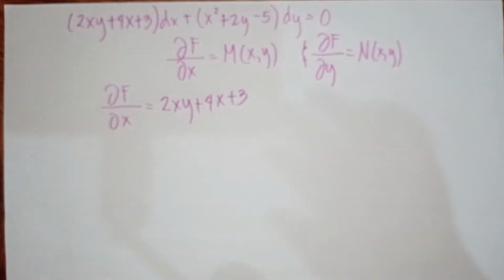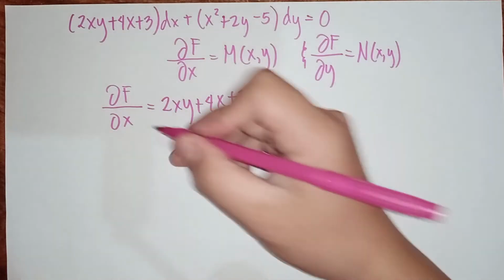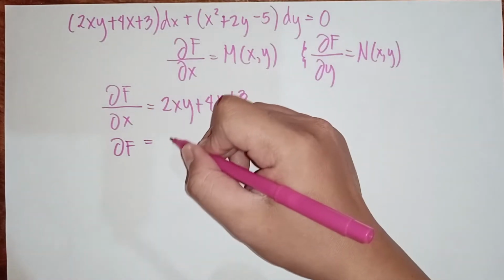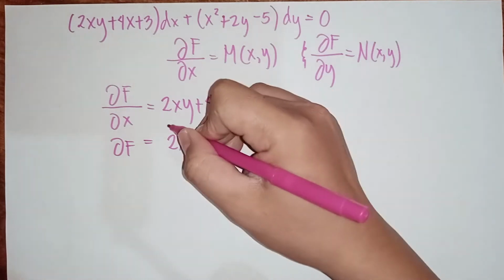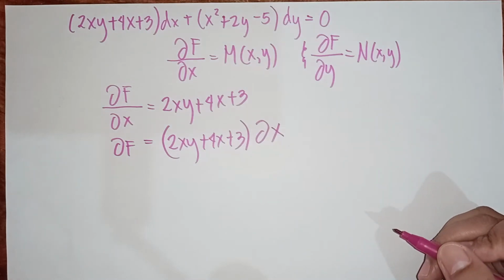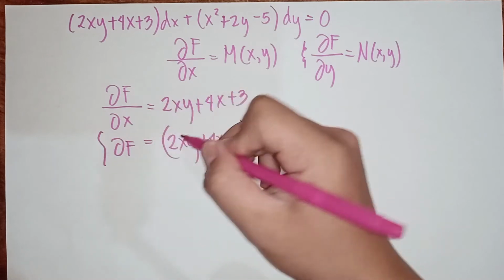So, we are going to solve for the value of f. Okay? So, by cross multiplication, that is now partial derivative of f equals 2xy plus 4x plus 3 times the partial derivative of x.